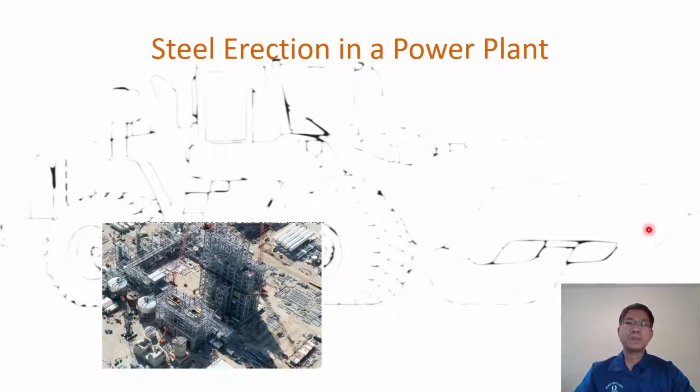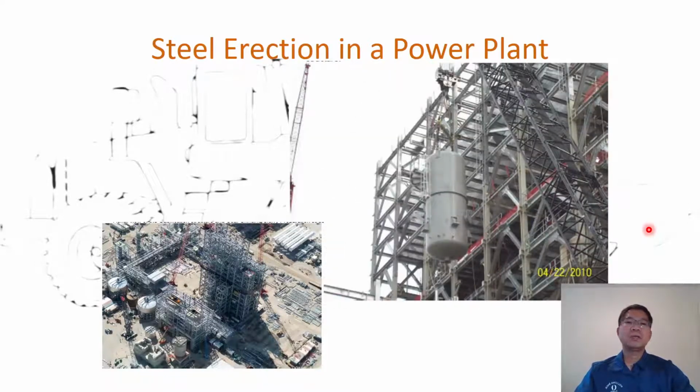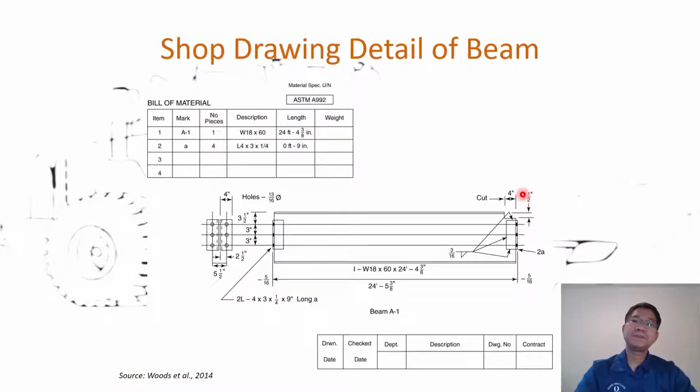If you studied project planning, I discussed the Edward Sport Power Plant project, and this project uses a lot of steel, as you can see here, and typical for a power plant, a lot of heavy material.